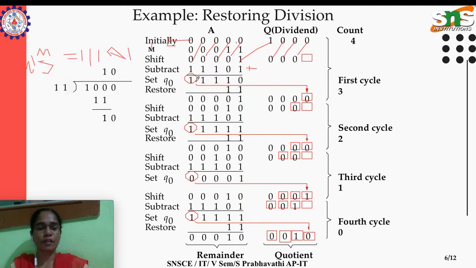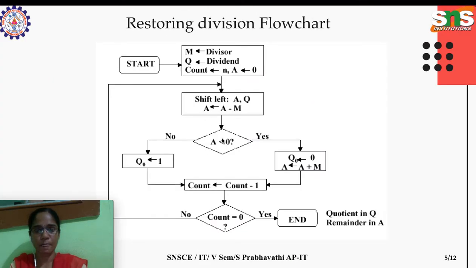After subtracting you need to examine the sign bit, the MSB of the A register. It is 1, and 1 means you need to set the quotient bit to 0. That's the algorithm we have seen previously: when the accumulator is negative, put Q naught to 0 and put back the dividend.